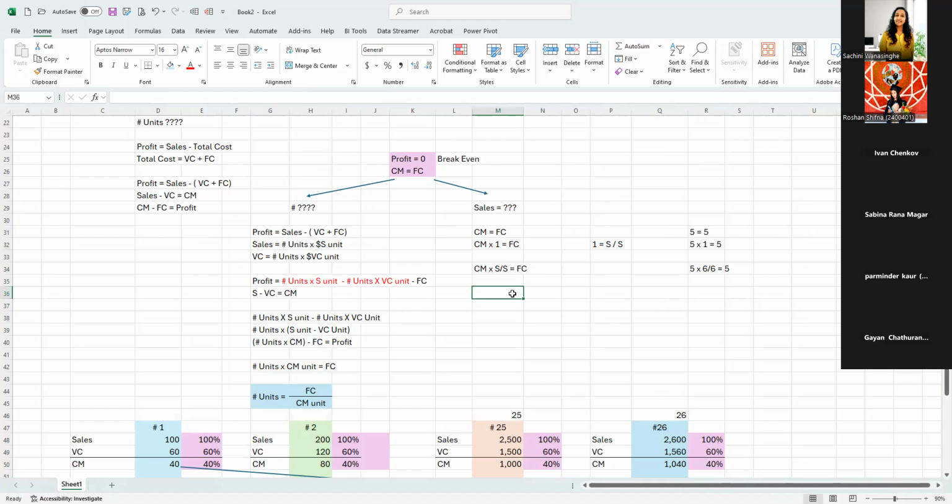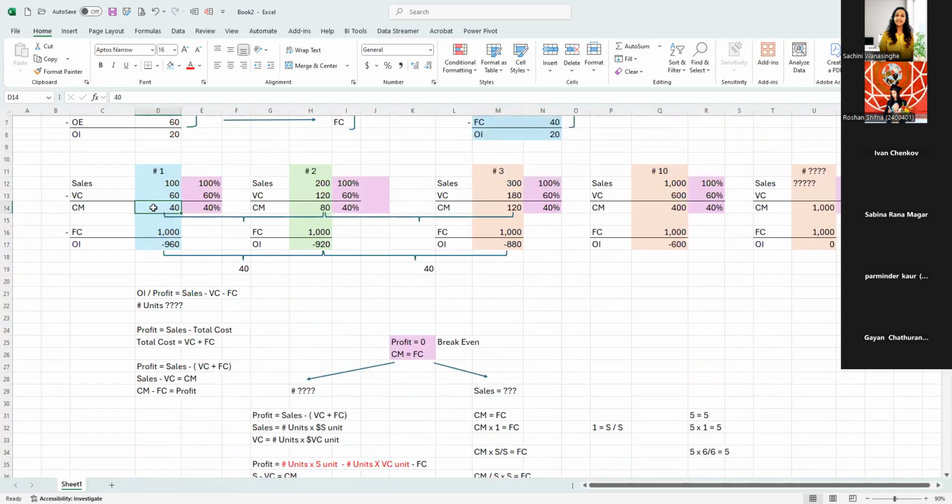So now when I substitute and make some changes here, I can easily find that I can have contribution margin divided by sales times sales should be equal to my fixed cost, correct? From the previous formula here. If I get contribution margin divided by sales, what is that going to give me?